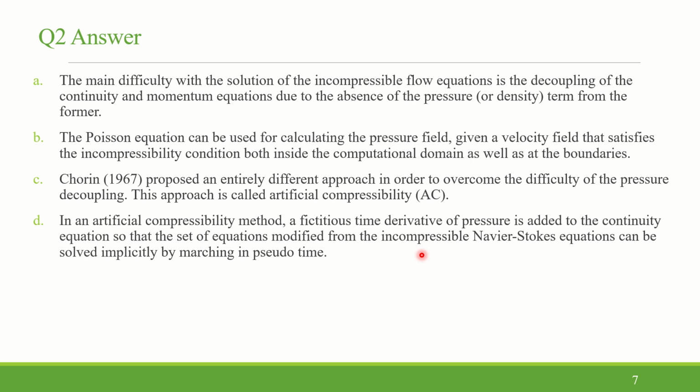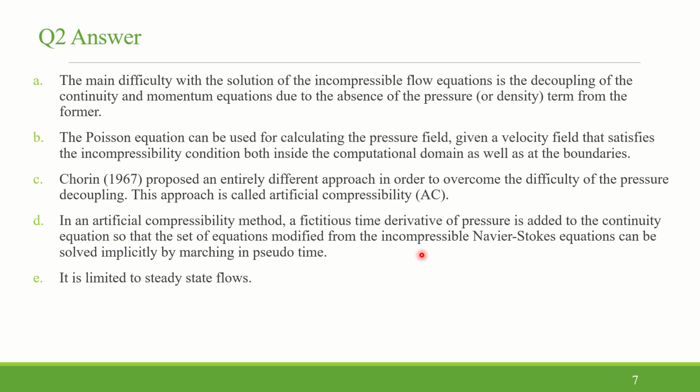So in order to tackle this, what Koren in 1967 proposed is that he introduced a new fictitious time derivative of pressure in the continuity equation so that the system of equations gets modified and we will be able to solve it implicitly by marching in time. So this method is known as the artificial compressibility approach, and it is used in order to overcome the difficulty when we are dealing with the pressure decoupling.